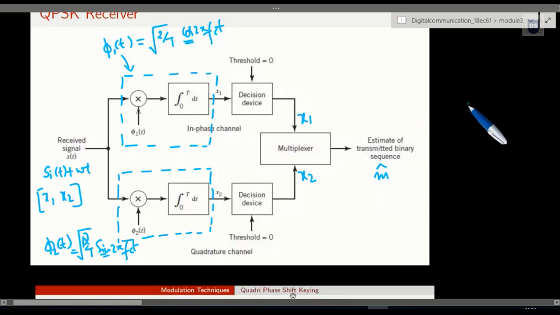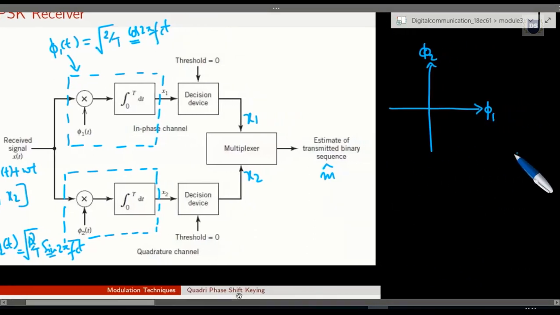And over here we already know the constellation diagram for QPSK, where this is phi1 and this is phi2, where in a few textbooks phi1 is also called the in-phase and phi2 is also called the Q phase or quadrature phase.